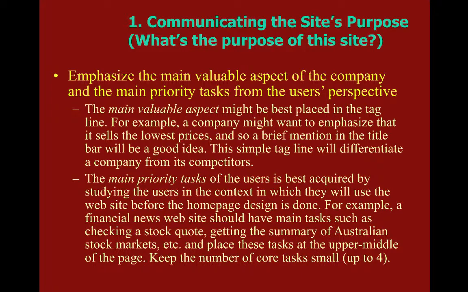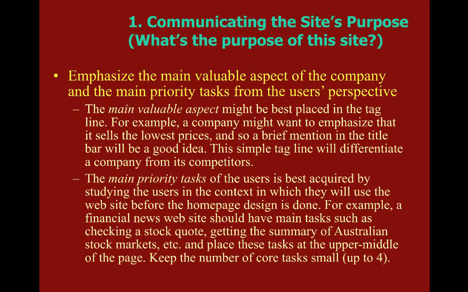We also want to emphasize the key aspects of the company as well as the main priority task of the company. So for instance, if the website is for searching stock prices, then that feature of being able to search for stock prices should be upfront since it's the main priority task.